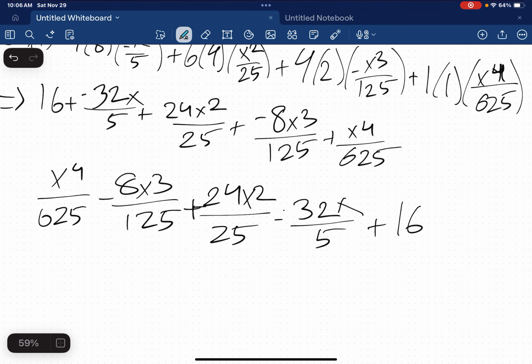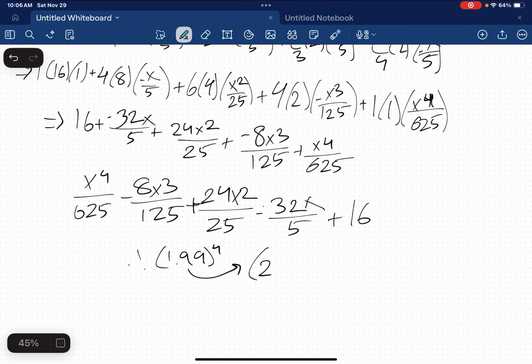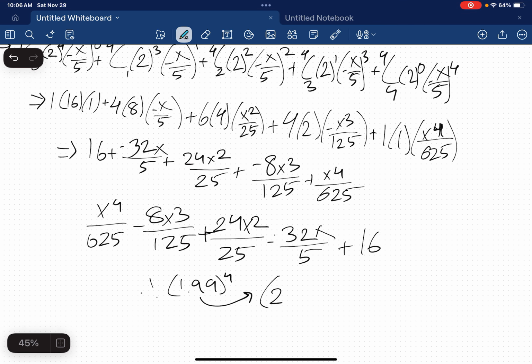It now wants us to find what 1.99 to the 4th is. Remember, this is just going to be equal to 2, which is our original expression up here. Look at that, 2 minus x divided by 5.